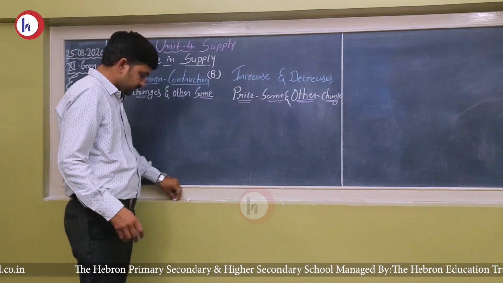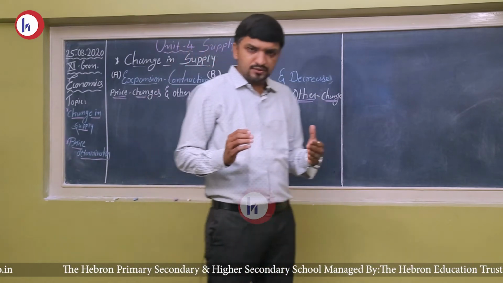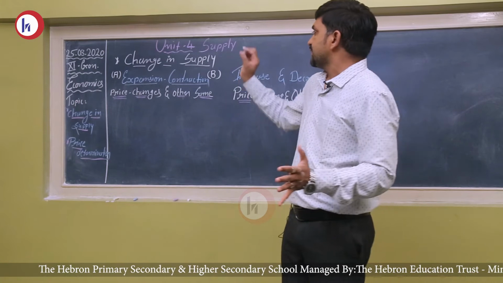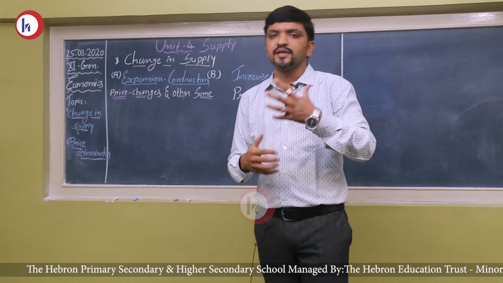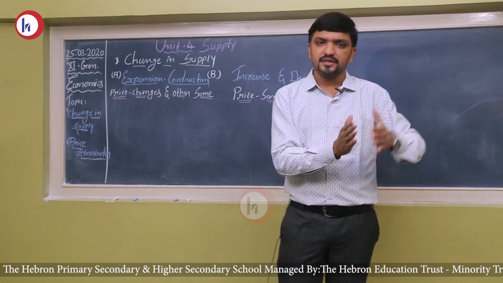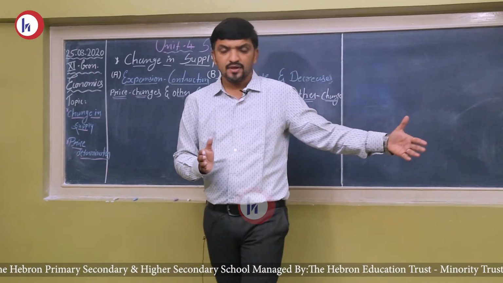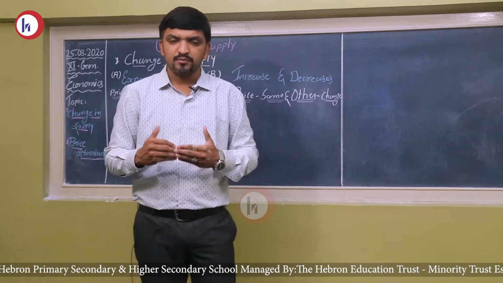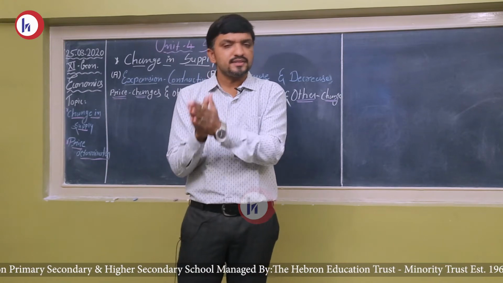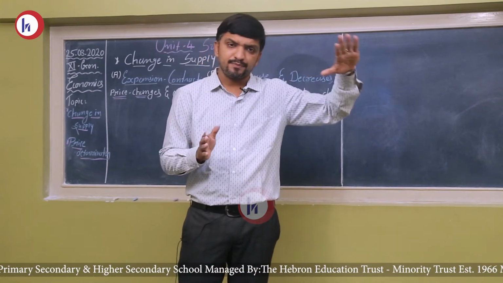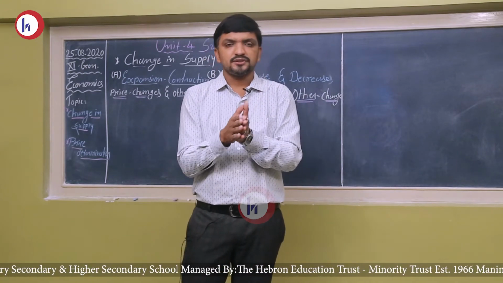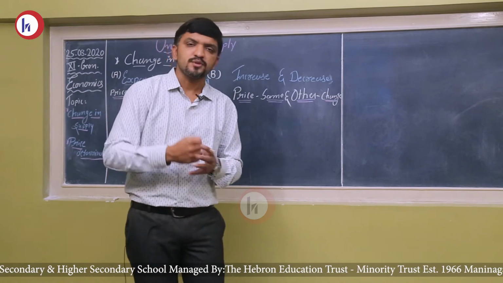So in the examination or in your CW, you have to write like this, that change in supply can be observed in two ways. A, expansion and contraction. B, increase or decrease. For expansion and contraction, you are supposed to write that when the price of a commodity changes and other factors are kept constant, that is known as expansion or contraction of supply.